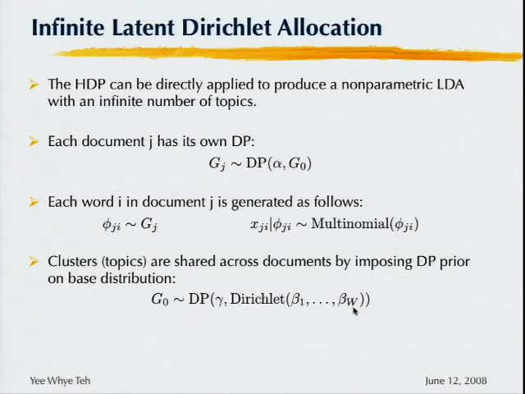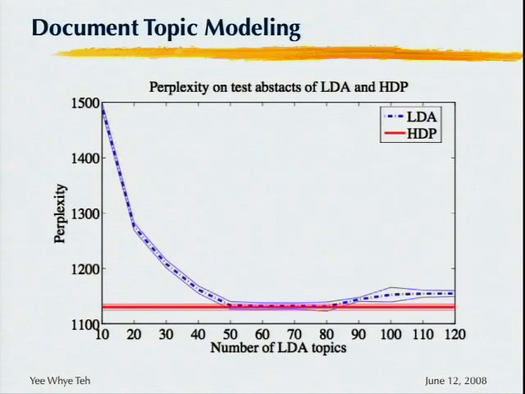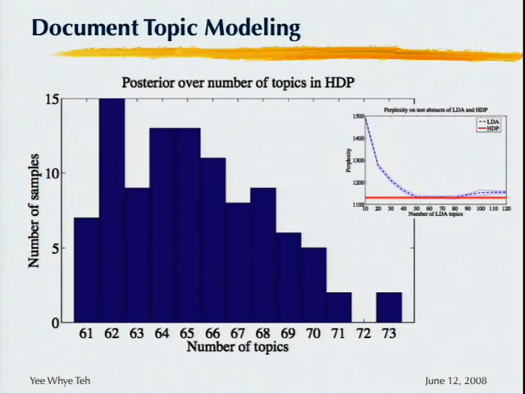So you could still have an infinite number of different atoms drawn from the smooth distribution. In the language modeling case later on, it will turn out to be finite. Okay, I guess we should move on quickly.